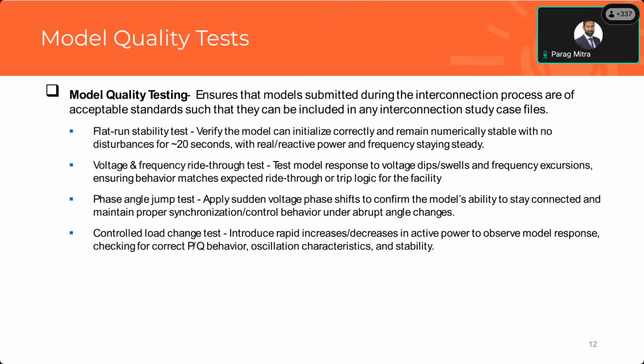And then there is a control load change test, which allows you to rapidly or slowly change the set points of the P and Q of that particular model. And the model should be able to replicate or follow those commands without getting into any kind of oscillatory or numerically oscillatory behavior. So again, very important pieces and things that one needs to take care of.